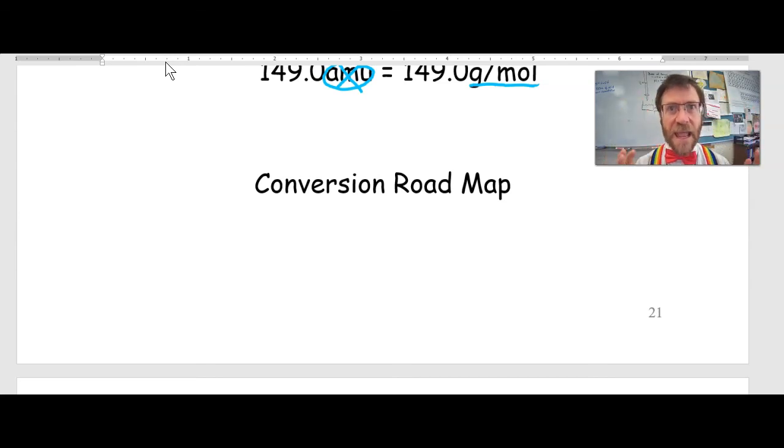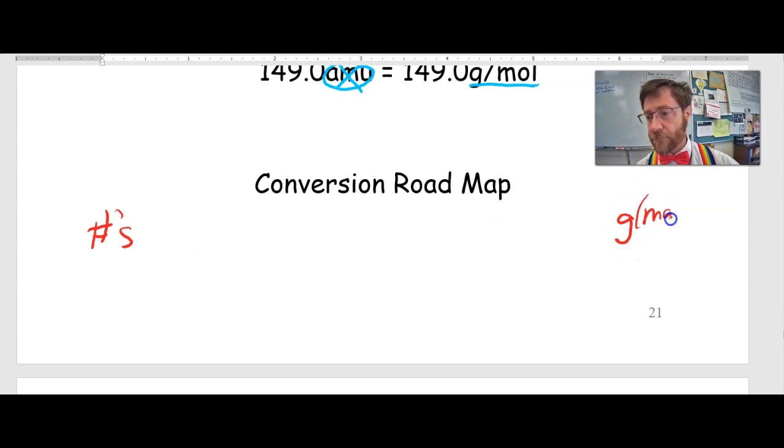This is going to tie everything together. On one end, we have numbers, and way on the other end, we have grams, or mass. This is what we do in lab. This is how atoms and molecules actually interact, how the chemical reactions are written. And in the middle, what bridges these two? Moles.